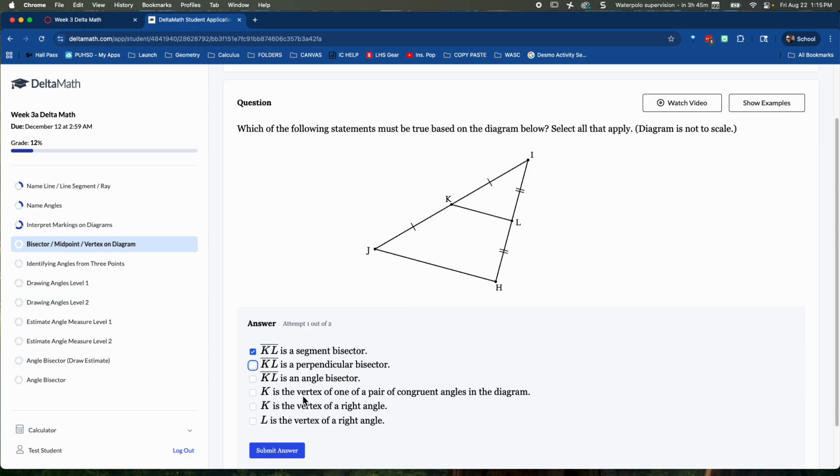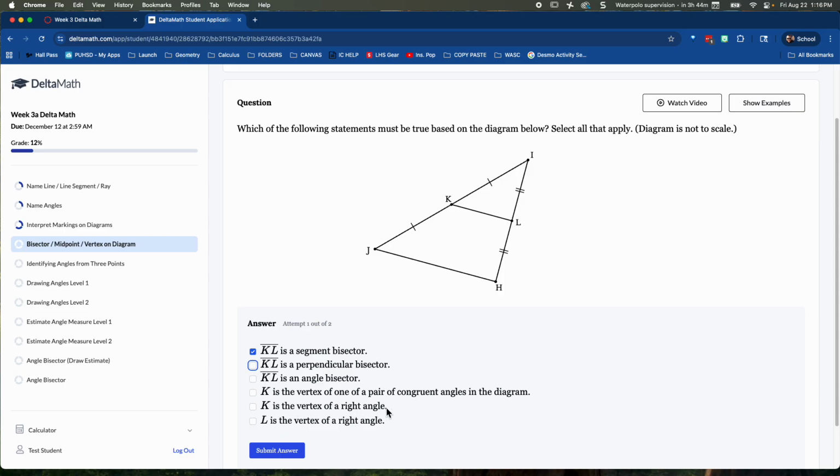Is it a vertex of one of a pair of congruent angles in the diagram? Well, it might be, but it's not marked, so we don't necessarily know. And I would argue that it is, but it's hard to tell that this angle has a marking, it doesn't show any congruent marking.